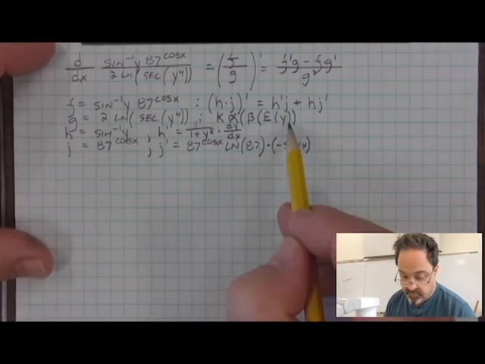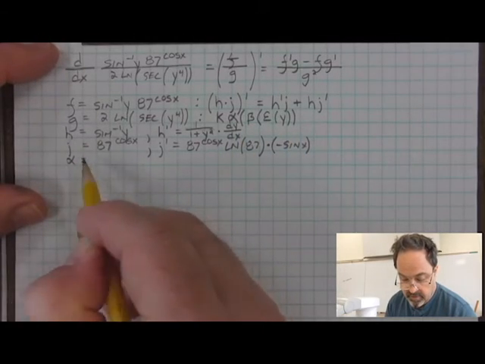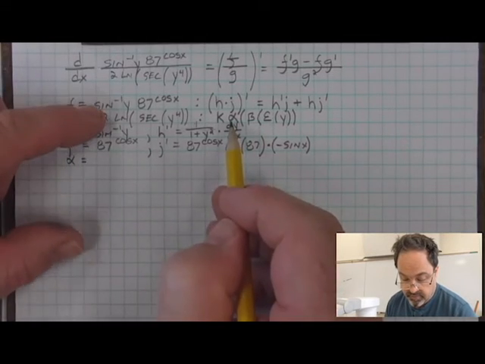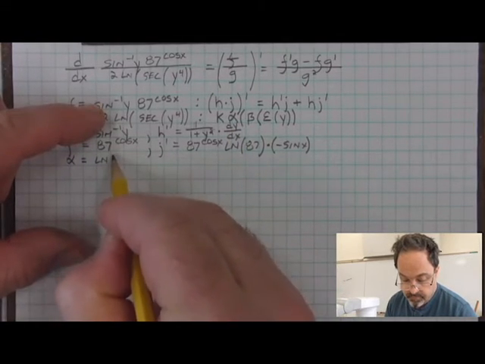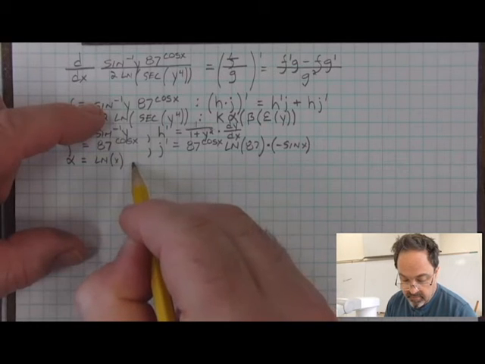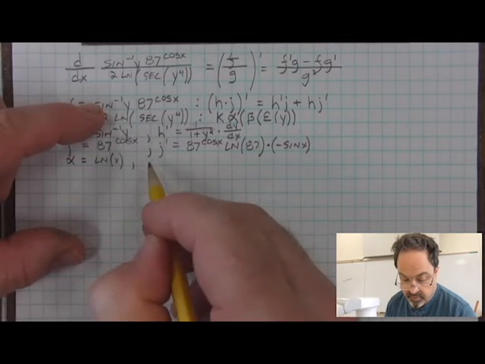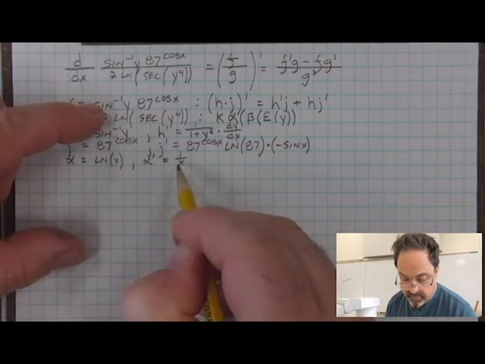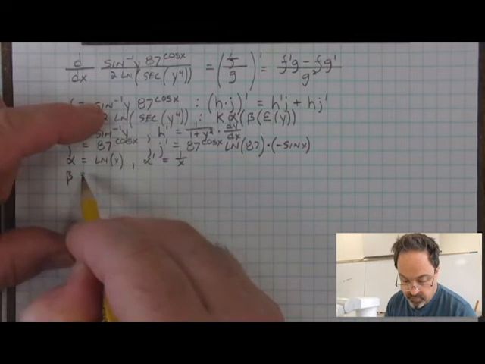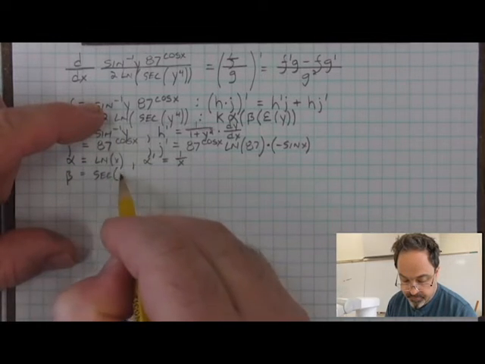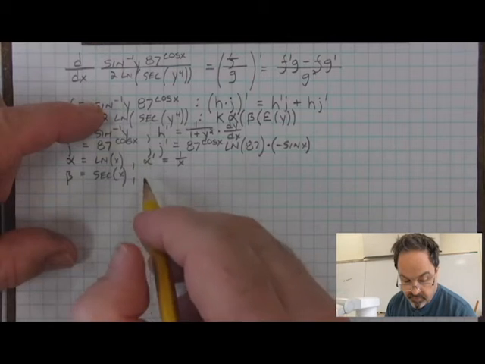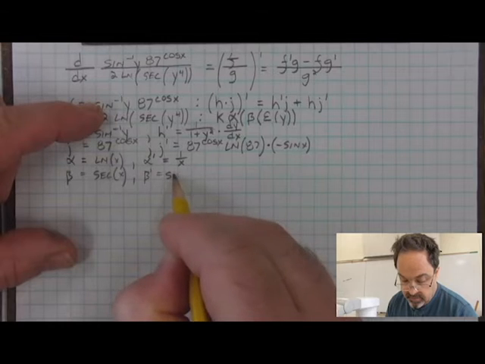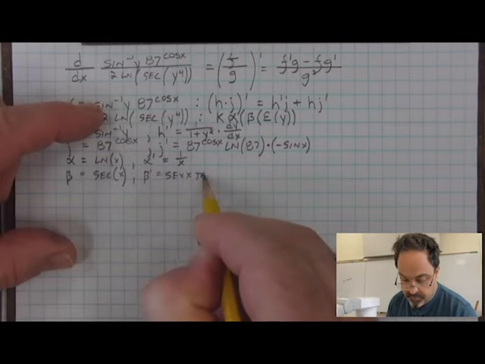So these functions that I've chosen now are going to be listed independently as independent pieces. The alpha function is the natural log, and because it's a simple piece, I can list the derivative of alpha right away. The derivative of natural log is 1 over x. The beta function was assigned to be secant, and the derivative of the secant function is secant tangent.